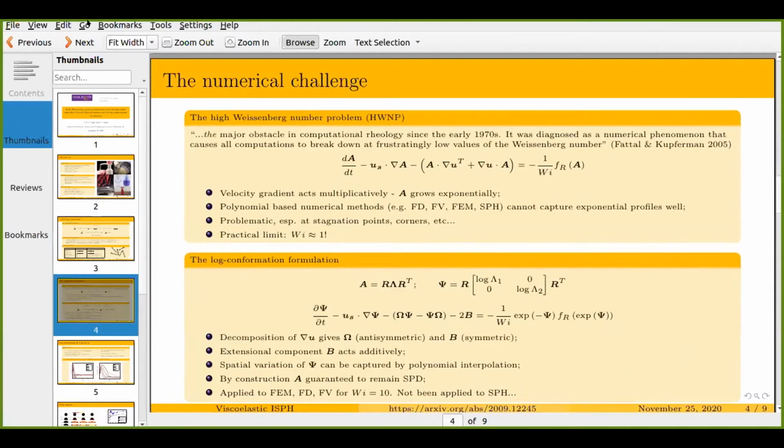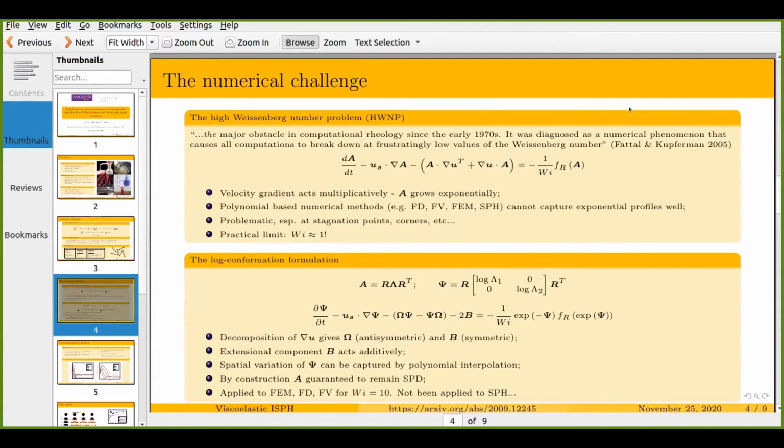So the numerical challenge: for a long time, people were trying to model viscoelastic flows, and they came across something that was called the high Weissenberg number problem, which basically limited the maximum Weissenberg number they could simulate to about 1. And above that, we started getting all sorts of instabilities, and codes typically blew up and crashed.